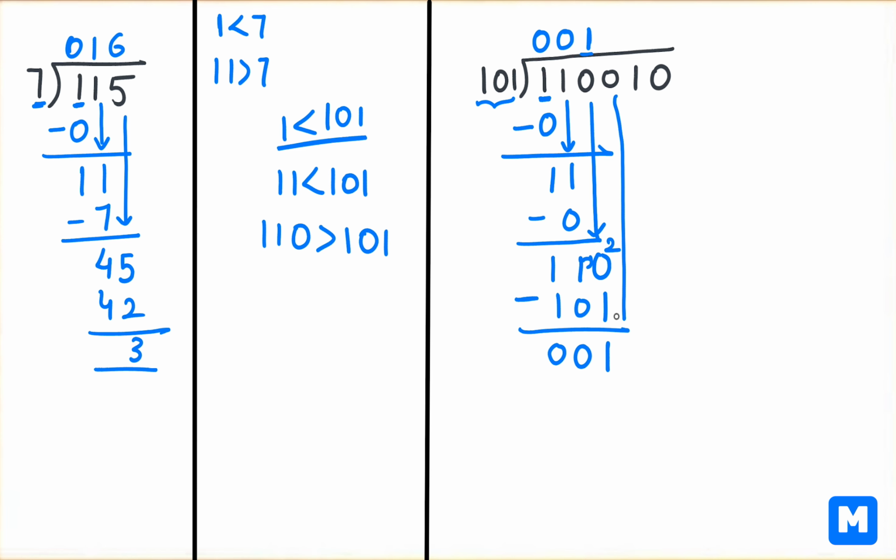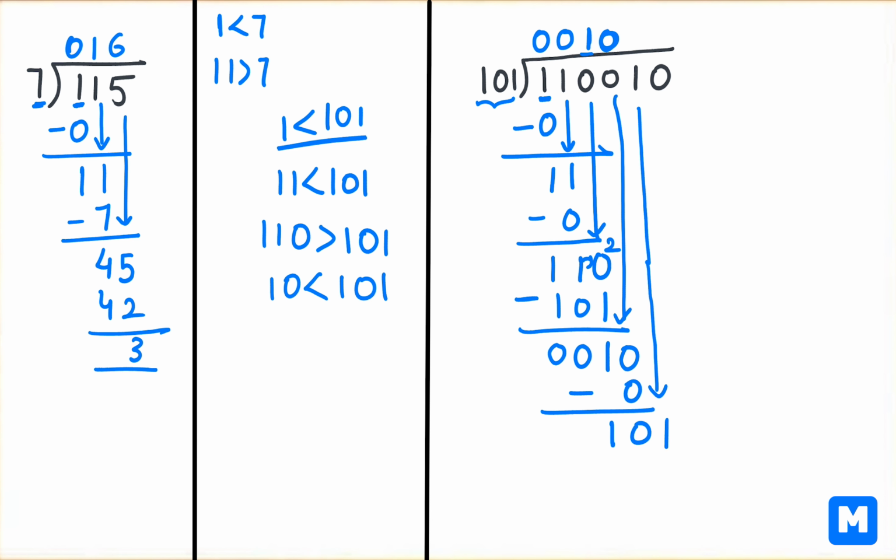Now this 0 will come down and here we have 101. Sorry, 10 is less than 101. So we write 0 on the quotient side, and 101 times 0 is 0. It will again come 10, and this 1 will be written down here. Here 101 is exactly equal to 101.